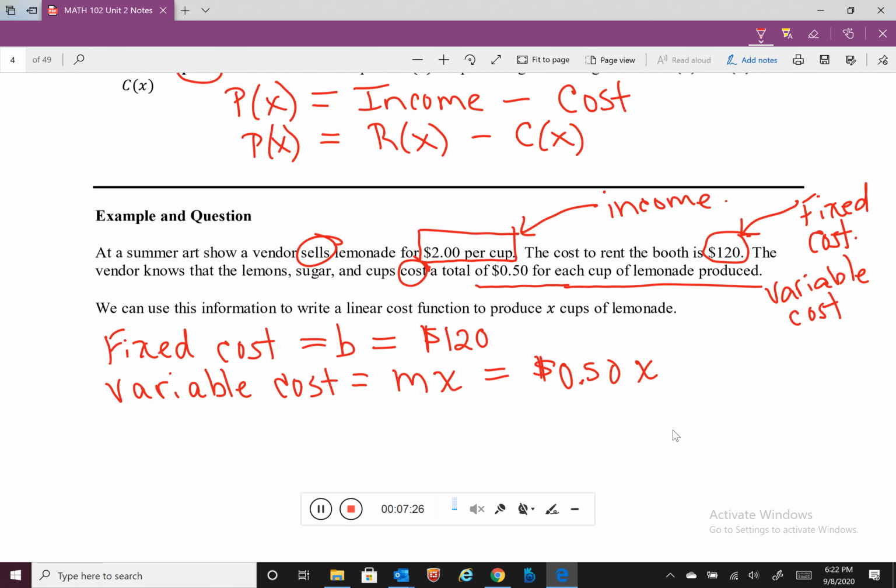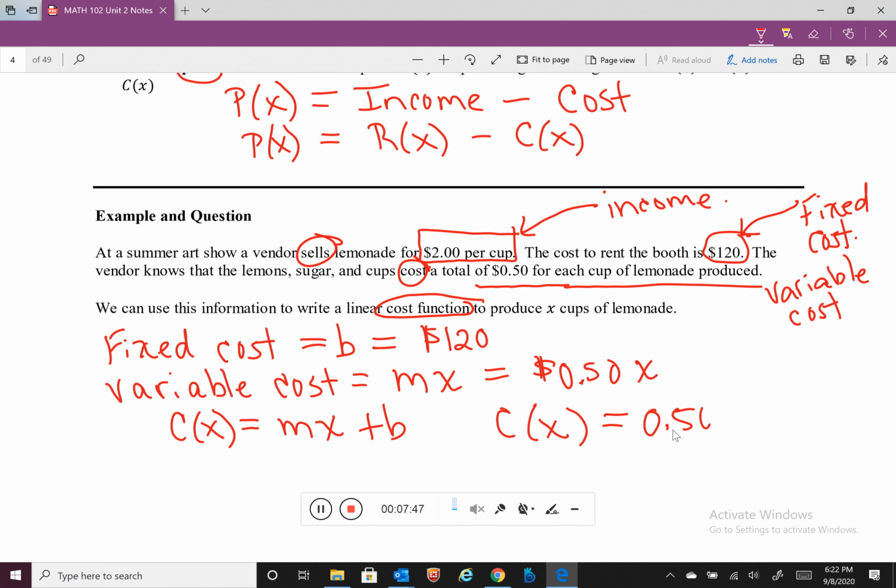And then we are asked to determine our cost function. So C of X is equal to mx plus b. Therefore, C of X is equal to 0.50 times x plus our fixed cost of 120.